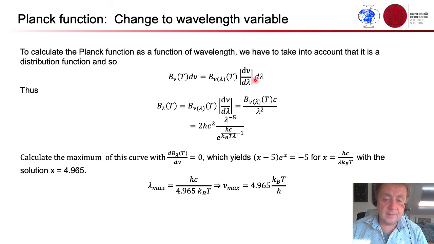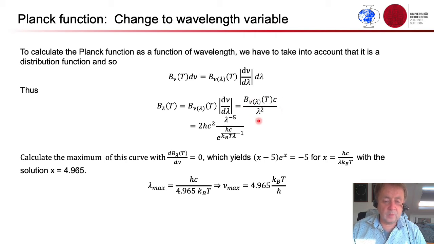And doing so, we see that this is then our Planck function as a function of wavelength, which is shown here. We indicate that by the subscript lambda to the B, right? And when we calculate this derivative, which is c divided by minus lambda squared, the absolute value, then we have here the recipe to calculate that function.